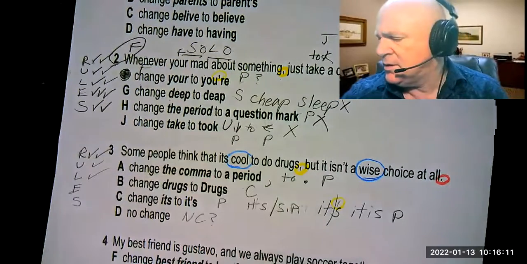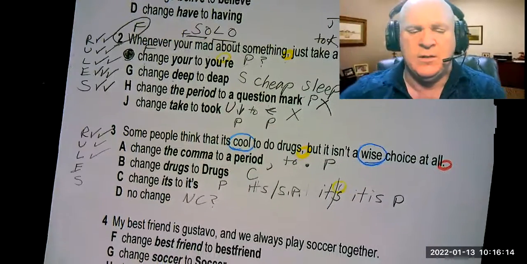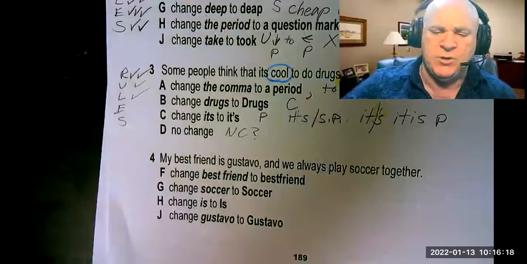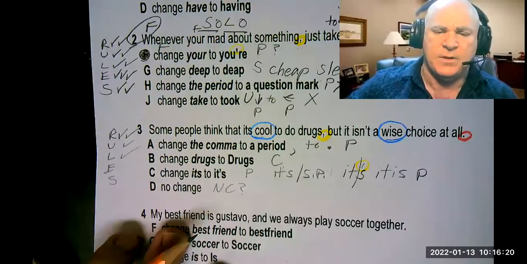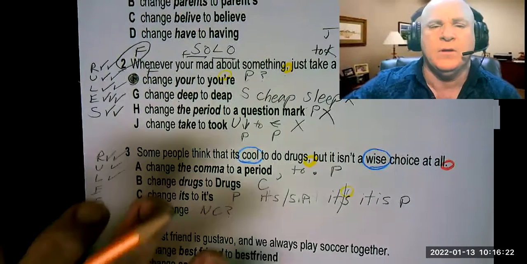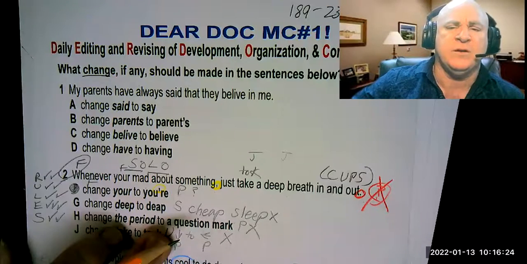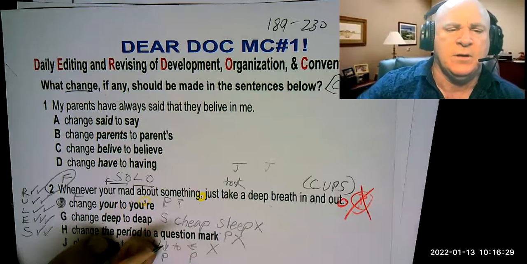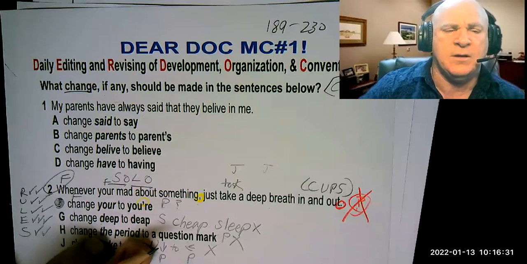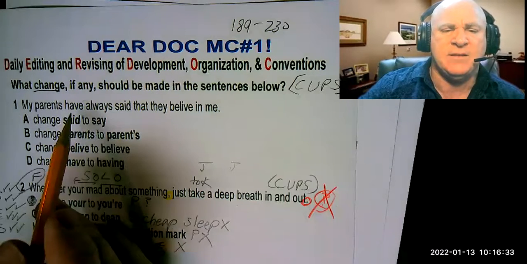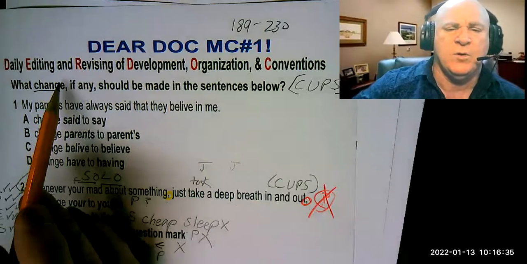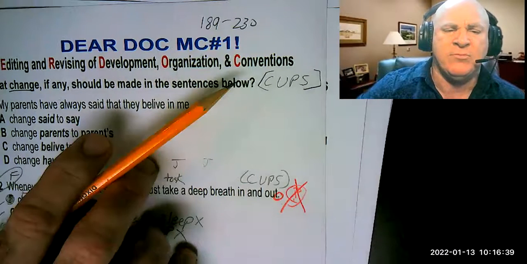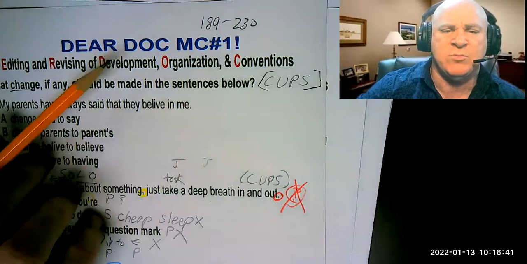So this one is from page 189, from Dear Doc, multiple choice number 1. The book is called Daily Editing and Revising of Development, Organization, and Conventions, but now I'm adding a lot of reading to it because of the transition we're making.